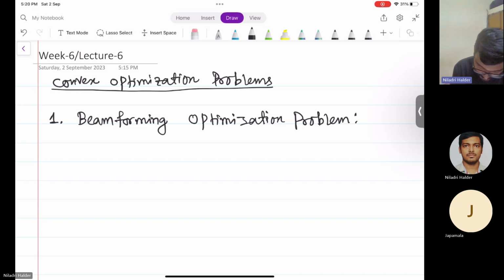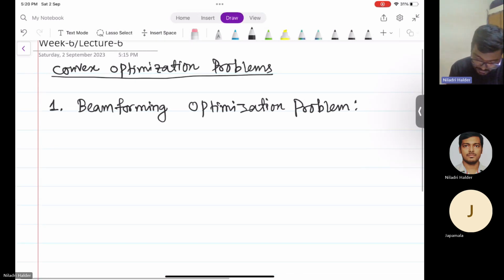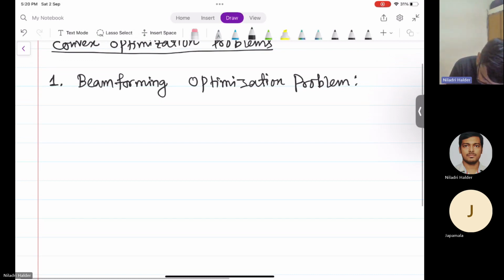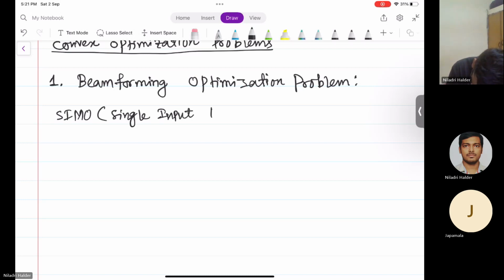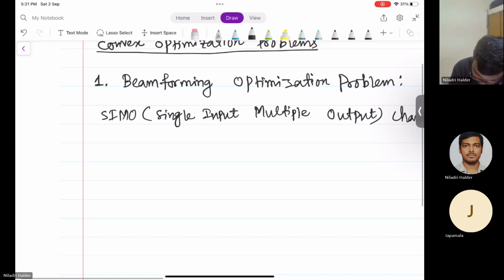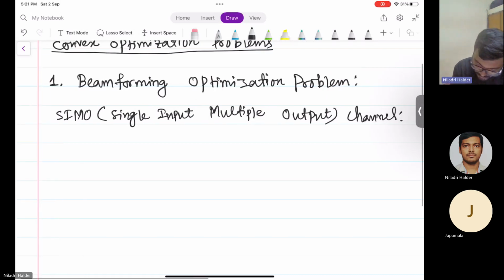Here we will take a single input and multiple output channel, so that is a SIMO channel.